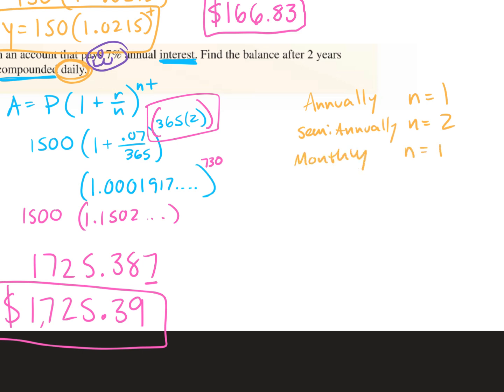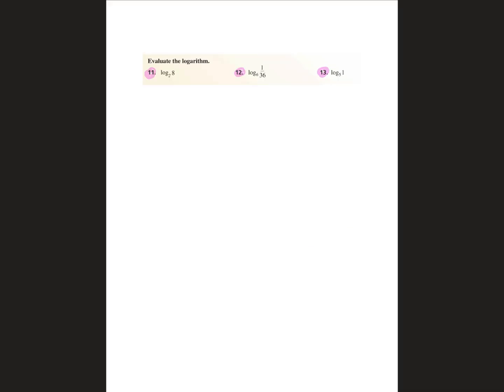Monthly, N would be 12. What about weekly? Weekly would be 52. Quarterly. Quarterly would be 4. We'll add daily on there too. Daily is 365.